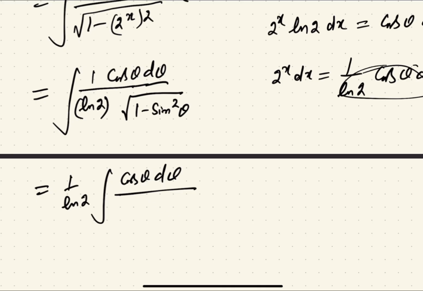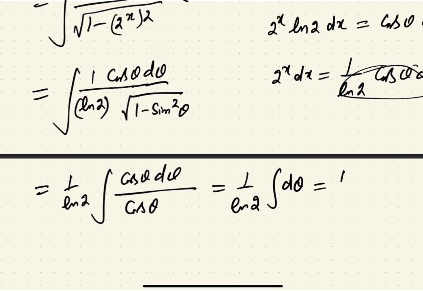I will write here cosine theta. This cosine cancels with this, 1 over ln 2 times the integral of d theta. Oh no, only d theta, right?